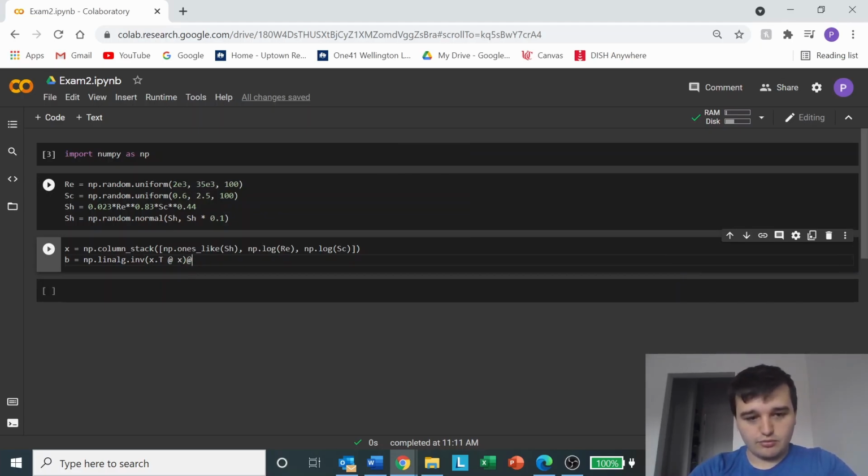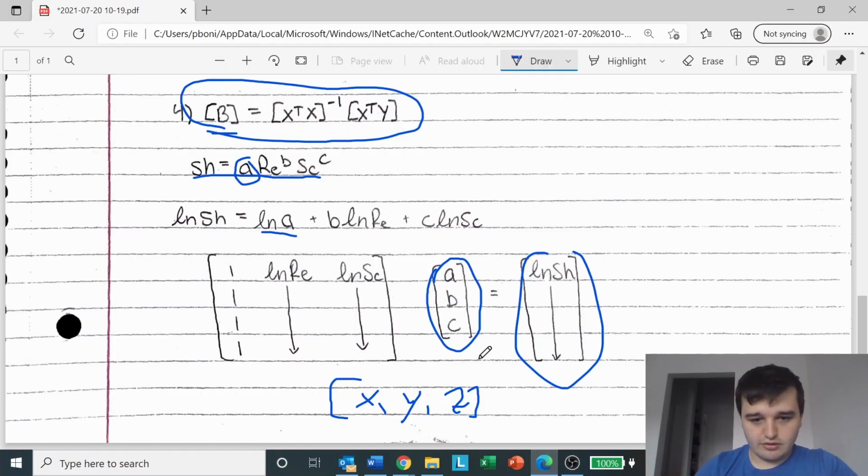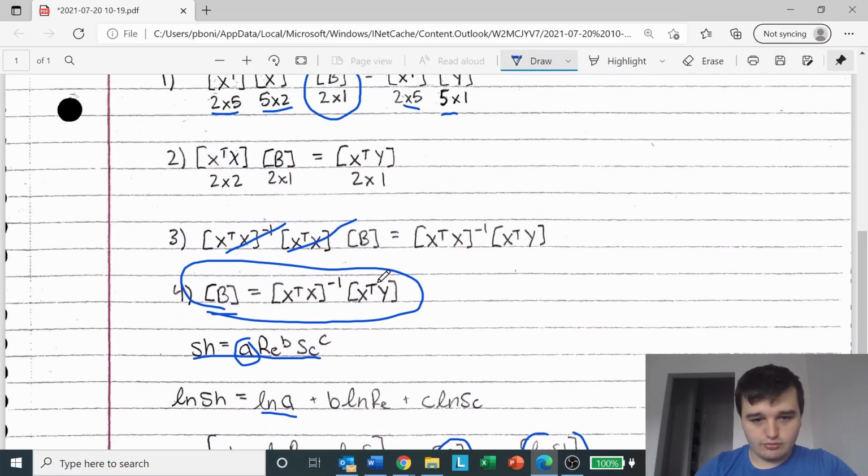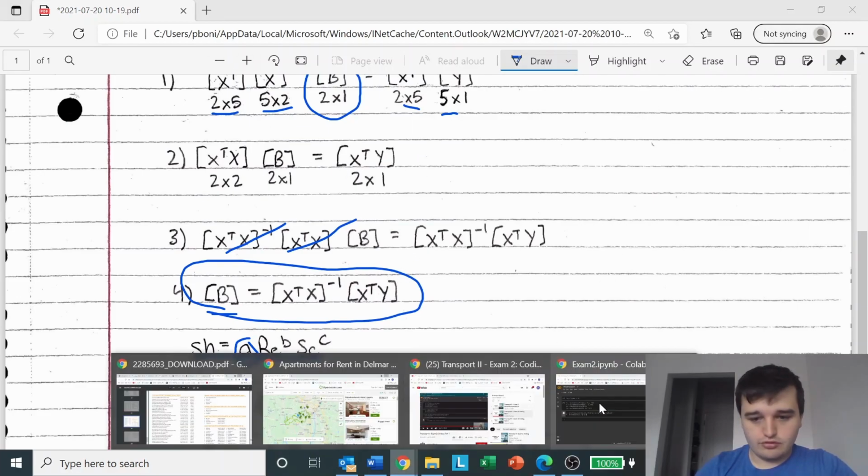So again, matrix multiplication calls for @ signs, and then we're going to multiply that by, let me go back really quick once again, this right here: the transpose of X times Y, which is the natural log of our Sherwood numbers.